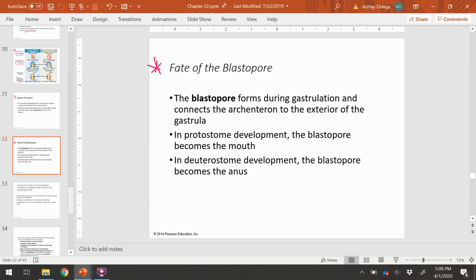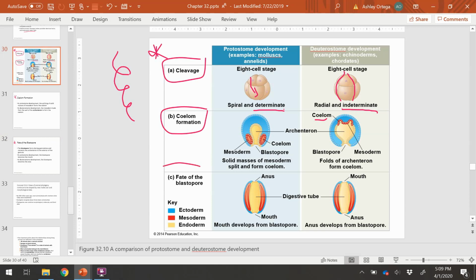This forms during gastrulation and connects the inner layer of the archenteron to the outside. And so in protostomes, this opening will develop into the mouth, and for deuterostomes, this opening develops into the anus, which is just a difference, and that is something that we will also want to know.